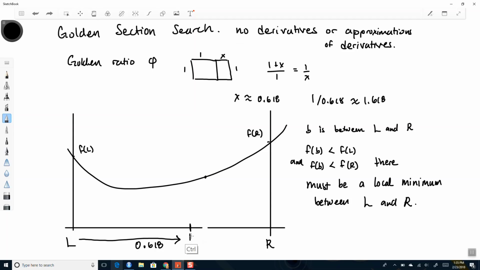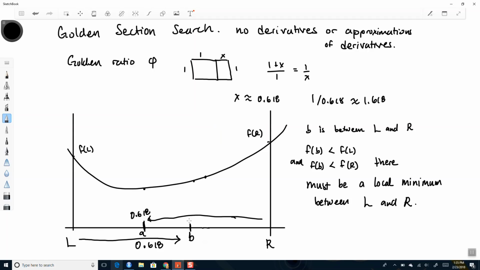So we'll say this is B. Then if I go from R to L, 0.618 of the way from R to L, this will be point A. So we have 2 points in the middle, each about the golden ratio of the way from one end to the other, and I'm going to evaluate the function at each of these spots, f at A and f at B.